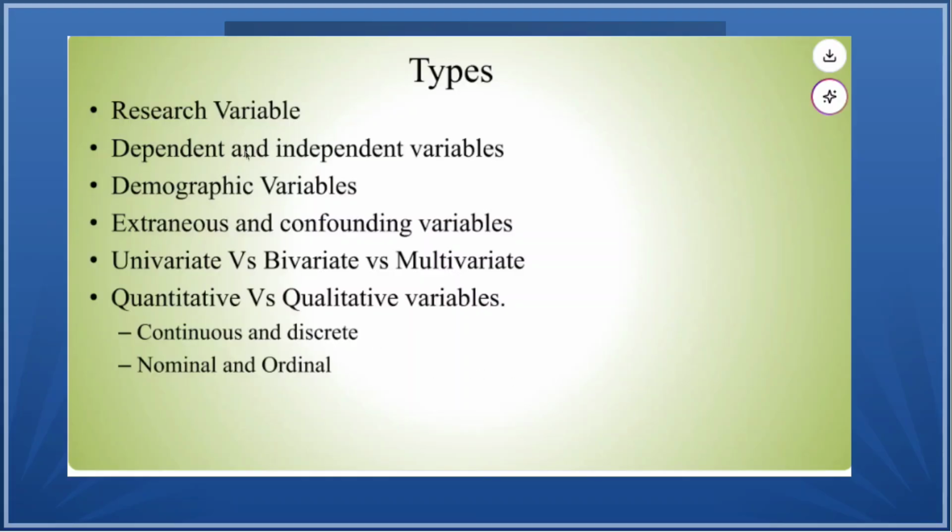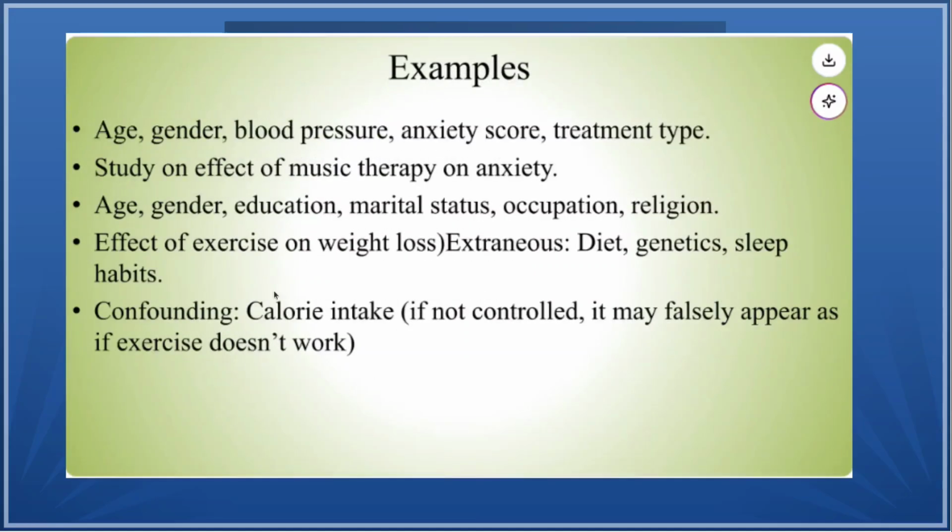Research variable, dependent and independent variable, demographic variable, extraneous and confounding variables, univariate versus bivariate versus multivariate, quantitative versus qualitative variables. Under these types, continuous and discrete, nominal and ordinal. Examples of these variables are age, gender, blood pressure, anxiety score, treatment type.